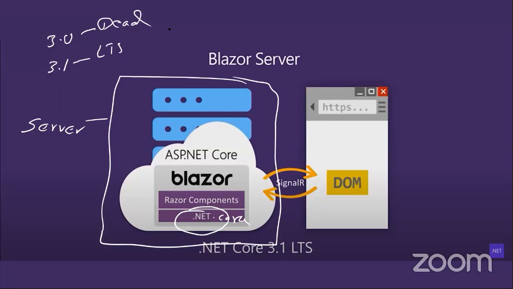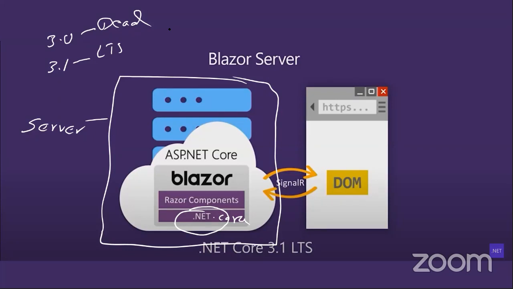That means Blazor is recommended on .NET Core 3.1 and higher versions. 3.1 is the latest stable release. Microsoft has withdrawn long-term support for 3.0, so you can understand what to use. So let's go to the point.